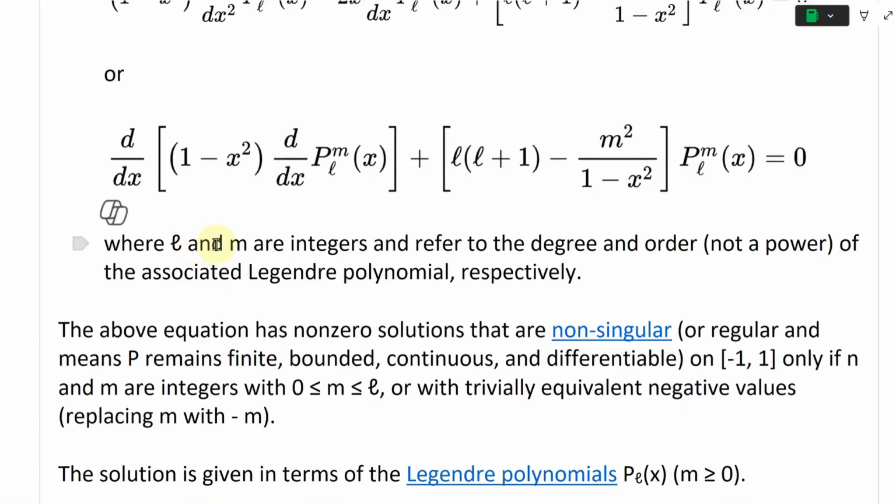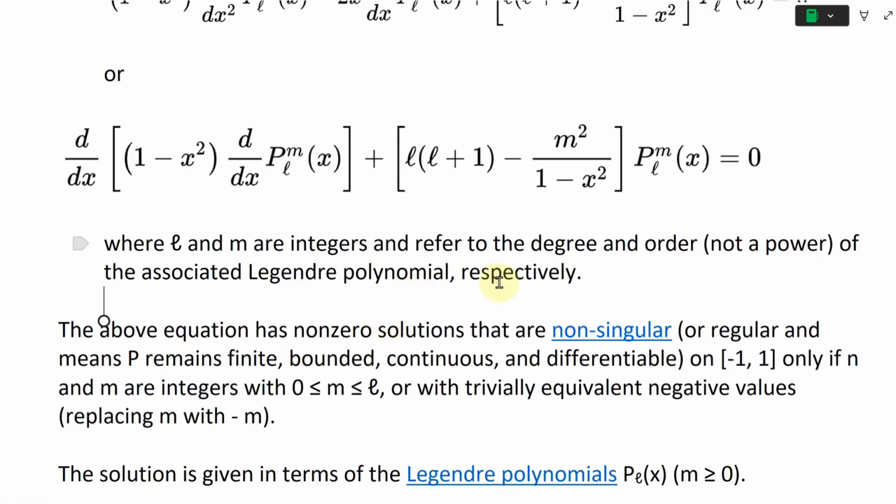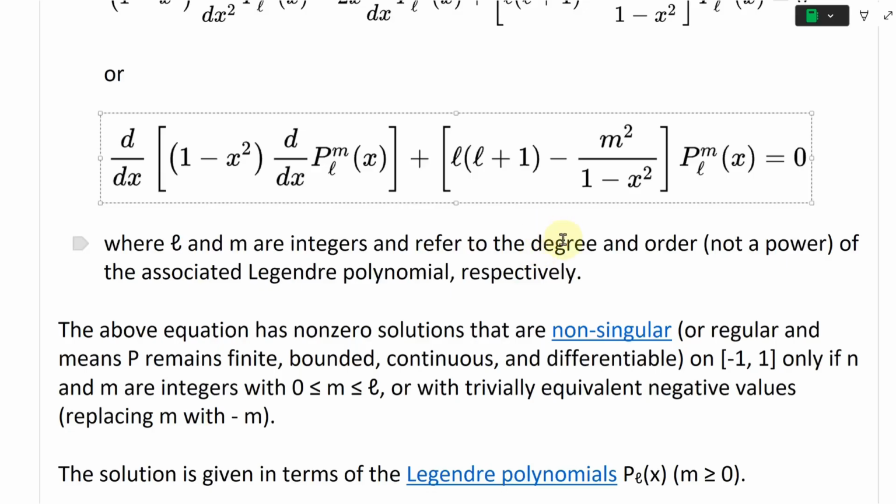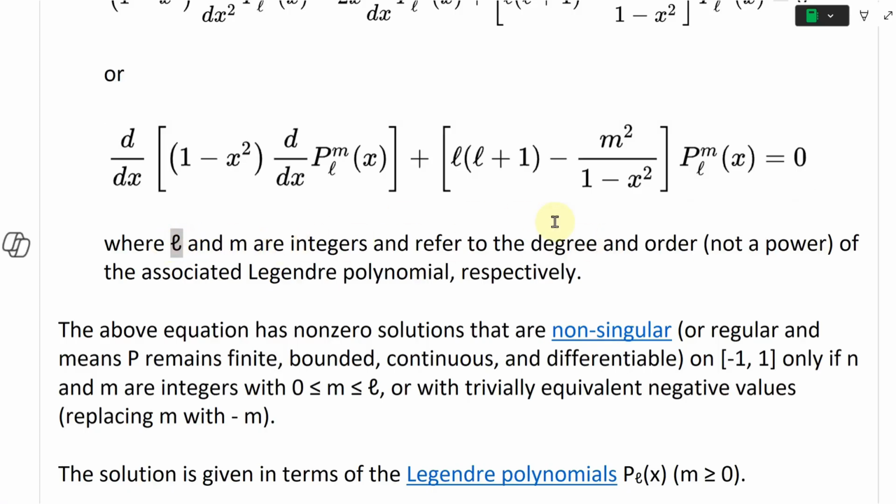So where L and M are integers and refer to the degree and order, not a power, of the associated Legendre polynomial. So it's not a power, it refers to some other degree and order, respectively. So the degree is L, and the order is M, but it's not an actual power.